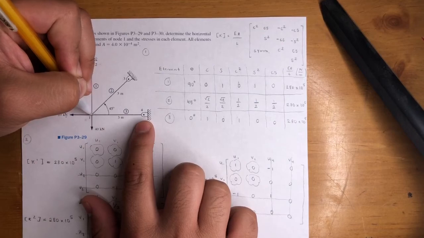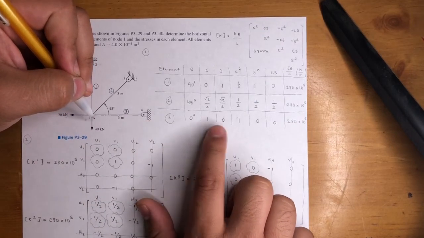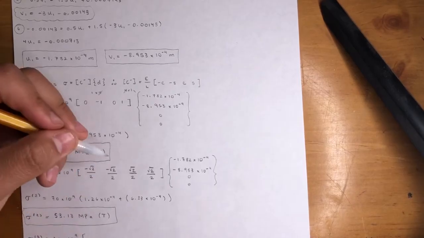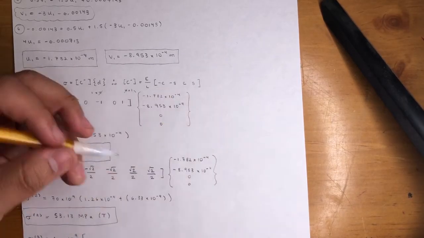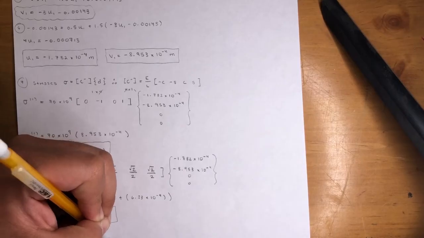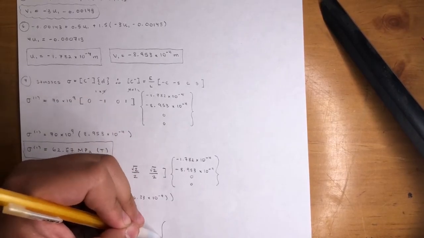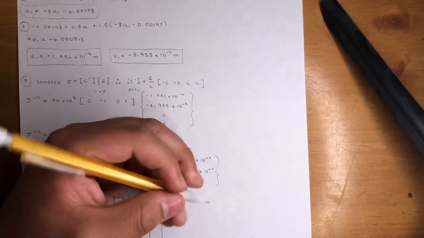It goes from 1 to 4. Your cosine and sine are 1 and 0. So the matrix is negative 1, negative 0, and then positive, positive. Finally, it's from U1, V1.